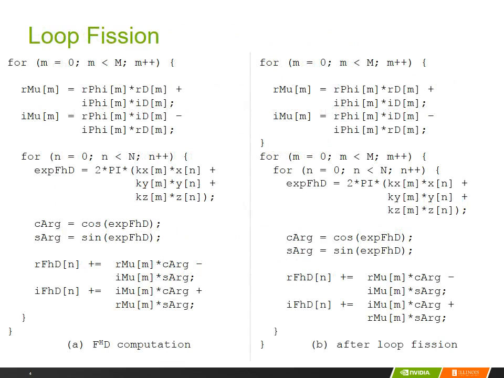Now that we have seen the heavy conflict of the first kernel, we need to do some transformation in order to reduce the conflicts. This brings us to the loop transformation. The root cause of the heavy conflict and atomic operations is that in the inner loops, all the threads are trying to read, modify, write the same RFHD and IFHD elements.